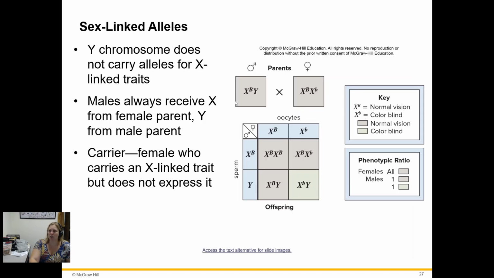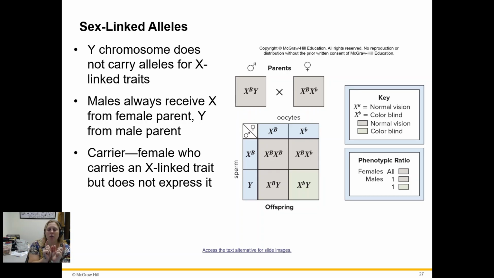As such, all individuals are going to inherit an X from their mother. The X chromosome can carry a huge array of genes. And again, the Y is not going to have those associated genes. So one of the really common sex-linked disorders that we talk about is things like color blindness. And males are more often likely to be colorblind than females, and that's because females inherit two X's.